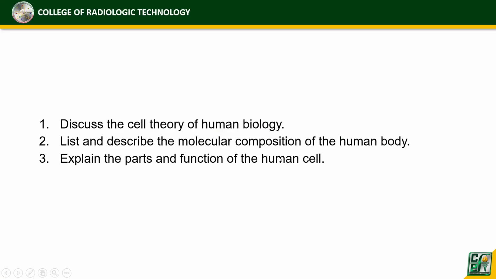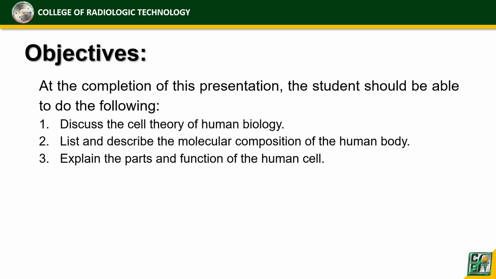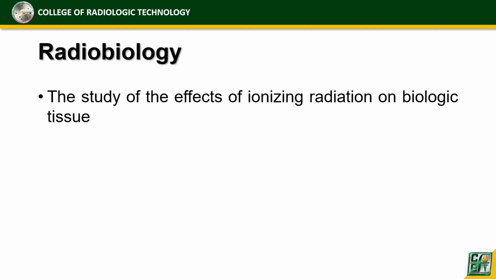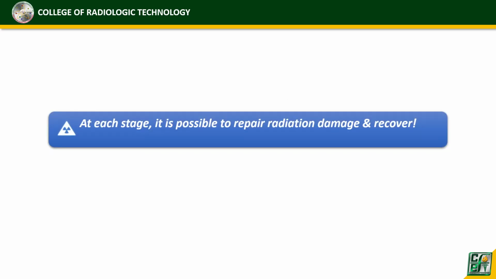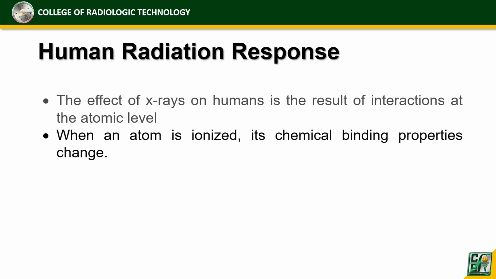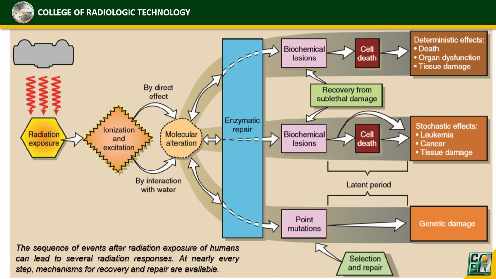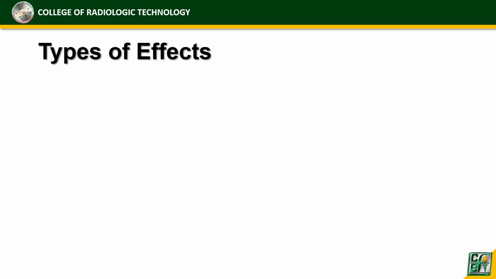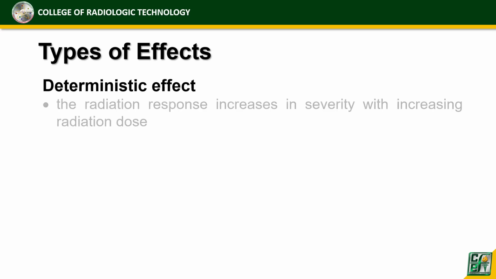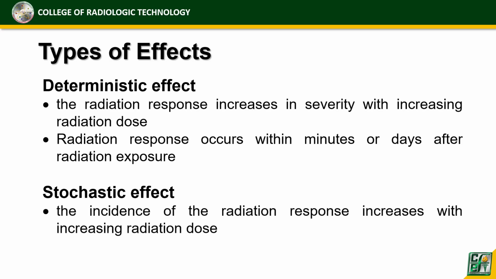Okay, so last meeting, we discussed radiation, types of radiation, and the effects, and a brief introduction to radiobiology and human radiation response. We also discussed the types of effects, the deterministic and stochastic.